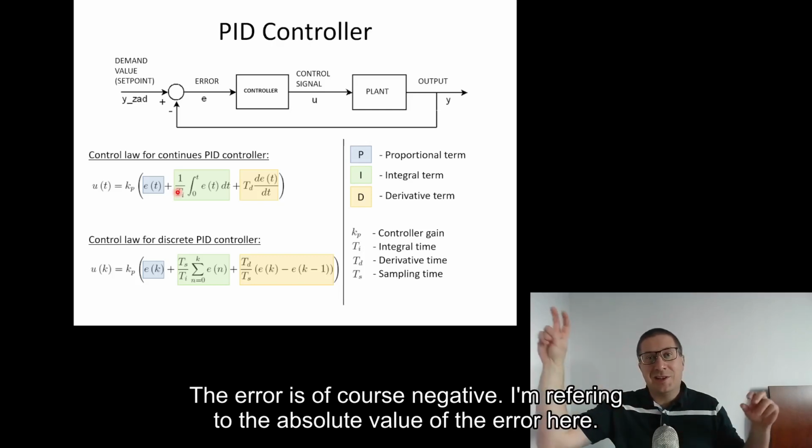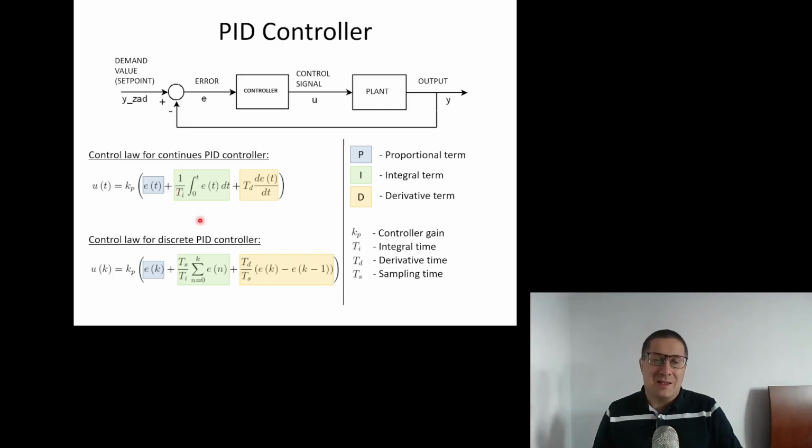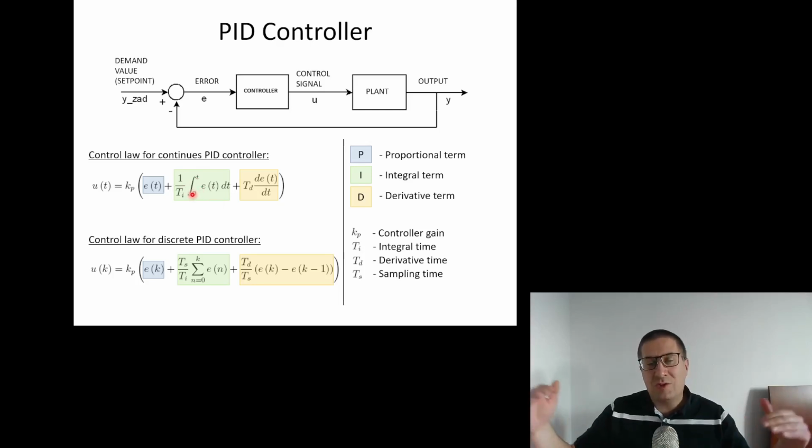The error hill is higher and higher. So the reaction of the controller, the value of this output signal, will be proportionally higher if the sum of these errors is also high. So here we are reacting proportionally to the sum.